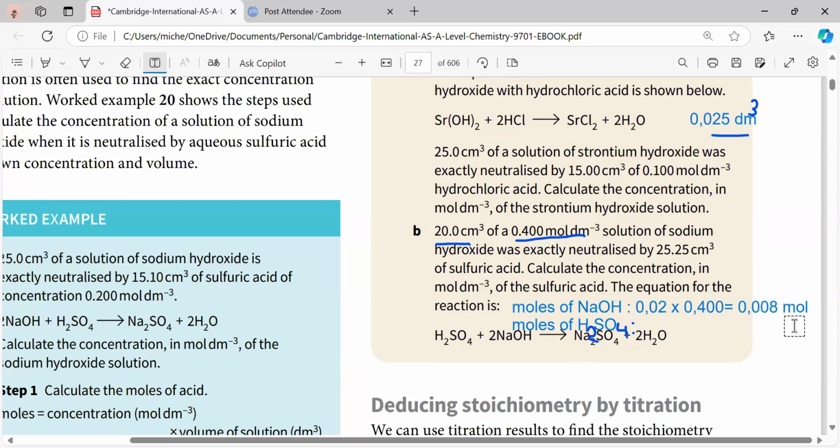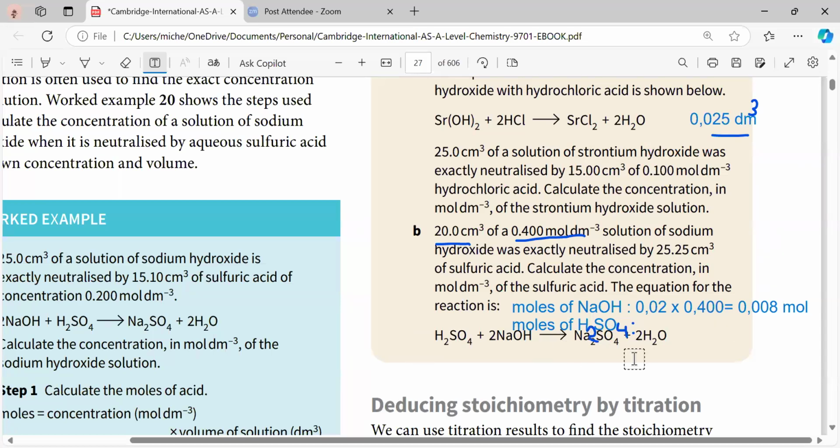So 0.008 mole is the number of moles of sodium hydroxide. And we can see in the equation that sodium hydroxide, NaOH, has number 2 in front, meaning that it contains 2 moles. So this 0.008 here consists of 2 moles. On the other hand, the sulfuric acid has no number, meaning that it only contains 1 mole.